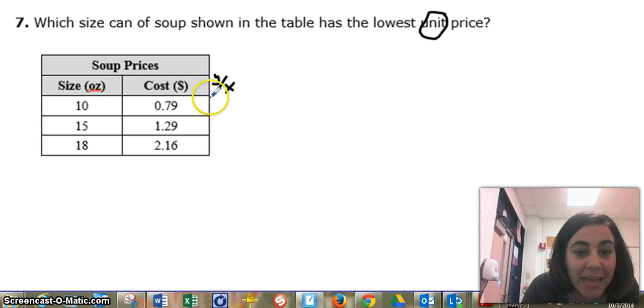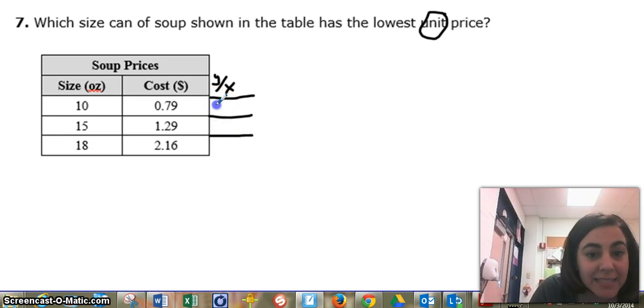So you're going to make that extra column over here on the side of your table. And it's going to say 79 cents divided by 10 ounces. On this one, it's going to be your y over your x.